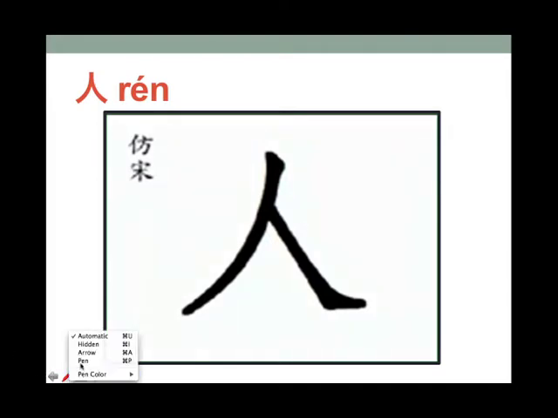Let's go ahead and write the character ren: pie, and start slightly higher than the middle of the character, na, from left to right.